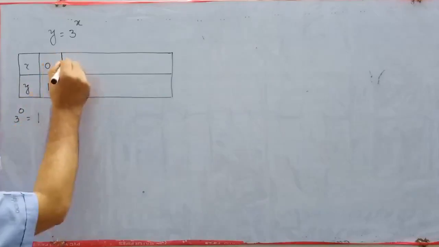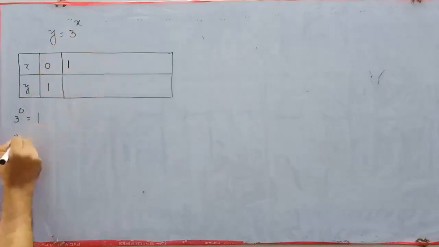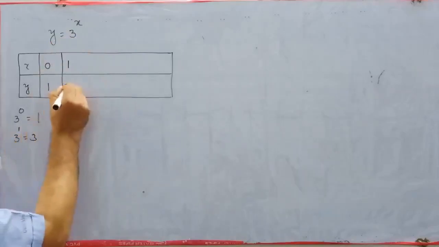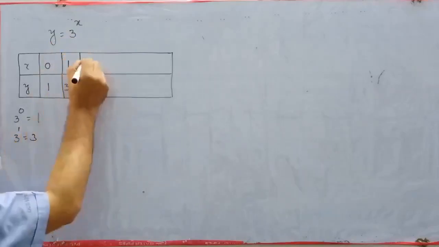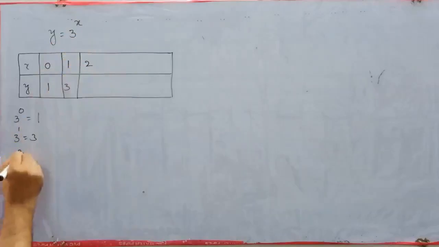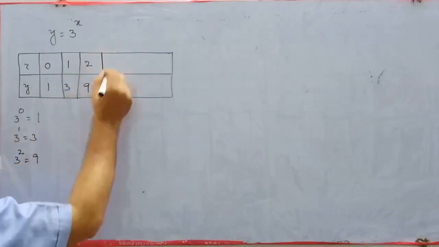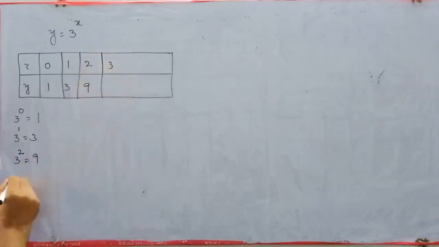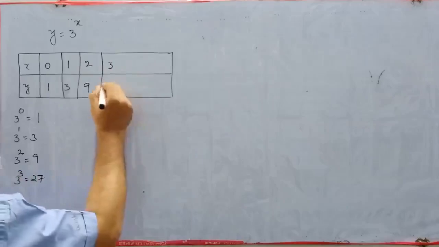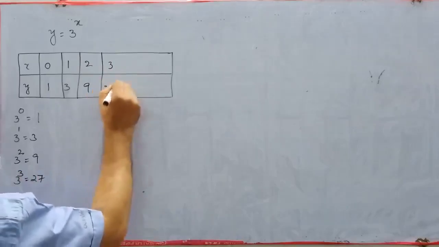Next, x is equal to 1, 3 power 1 is equal to 3. Next one, 2, 3 power 2 is 9. Next, 3, 3 cube is 27.